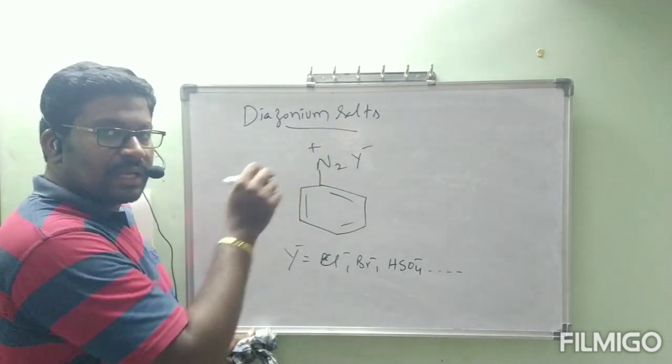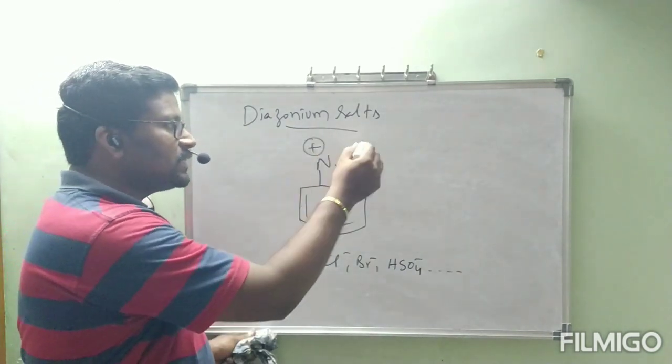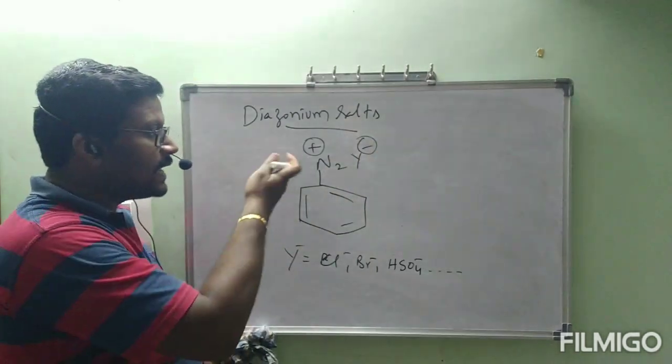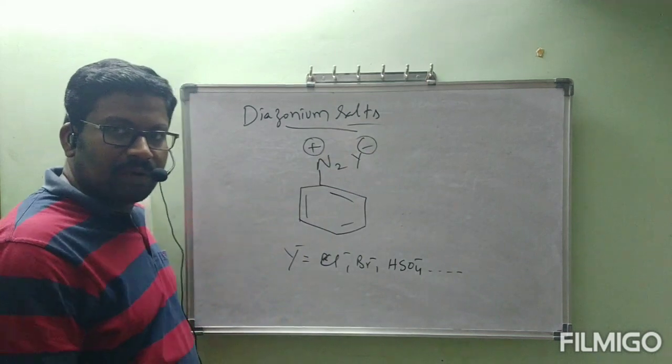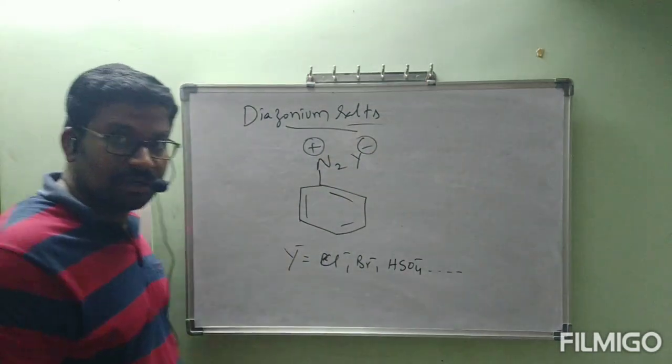Diazonium salts contain a positive charge and a negative charge, like Na+ Cl-. That's why we kept the heading salt. This is the introduction of the diazonium salt.